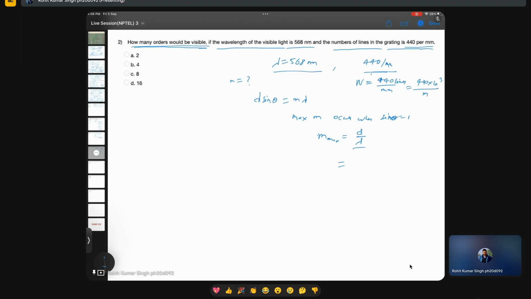And the width of one line would be 1 over n. In meters, this will be around 2.27 into 10 to the power minus 6 meter.